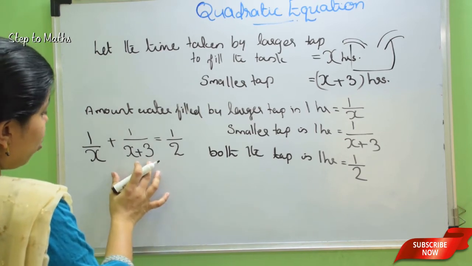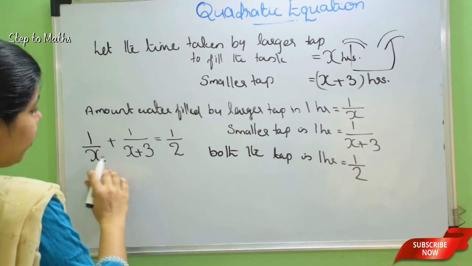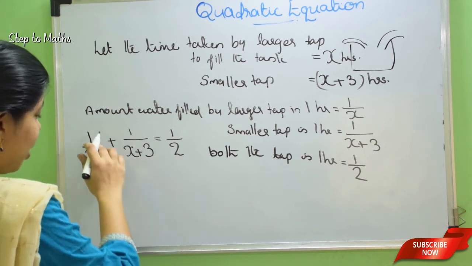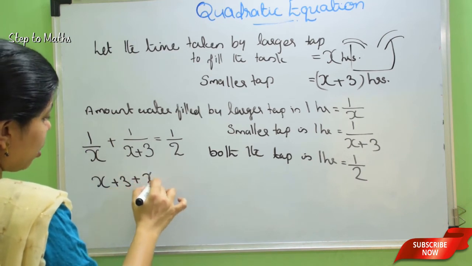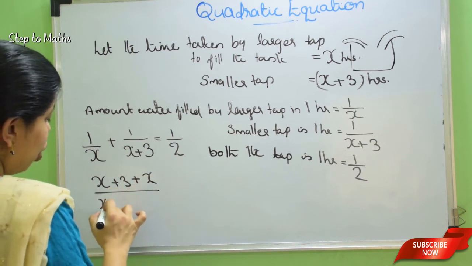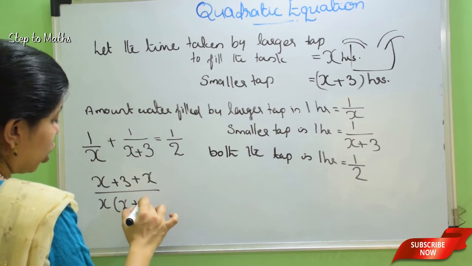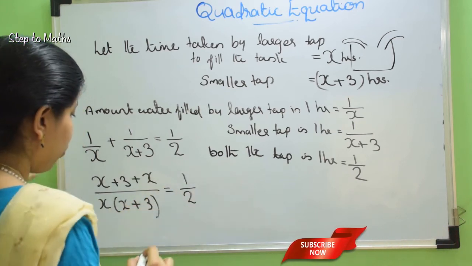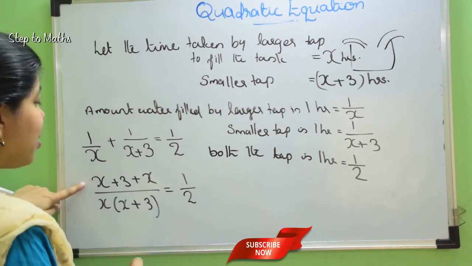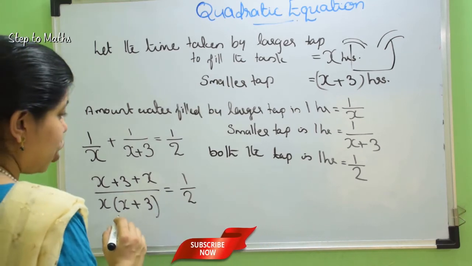Then how can we solve this? If the denominator is x into x plus 3, then the numerator becomes x plus 3 plus x, over x into x plus 3, equal to 1 by 2.